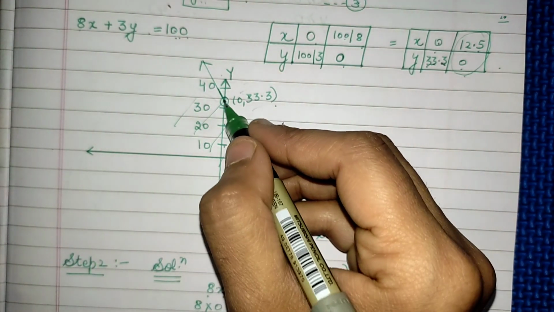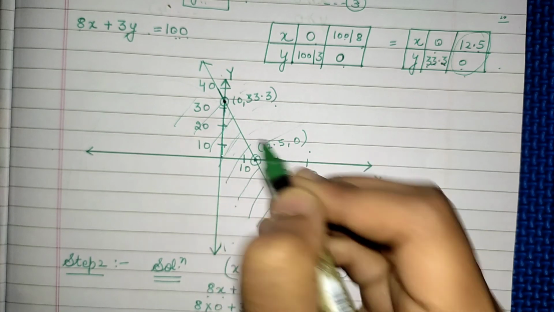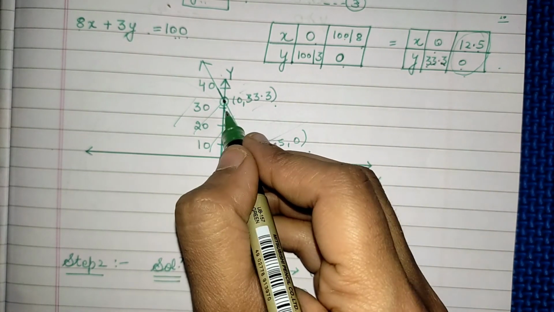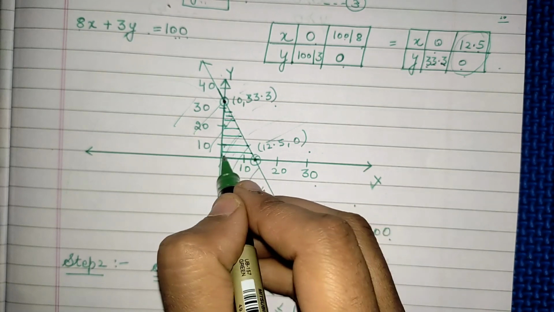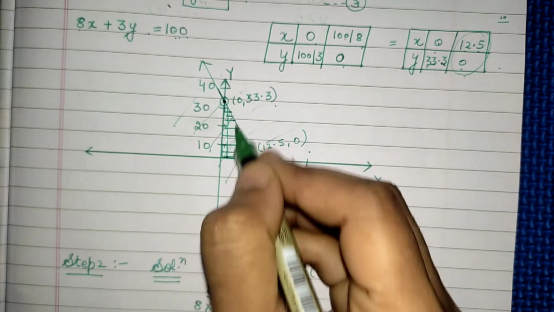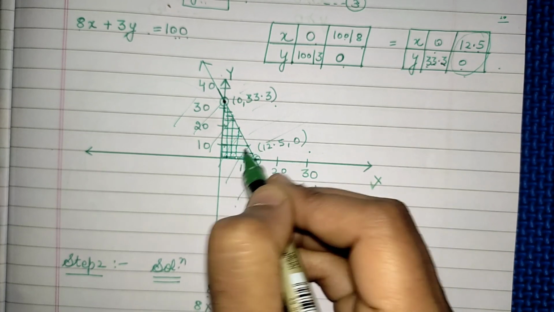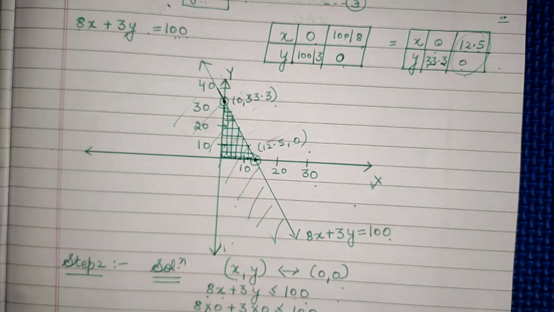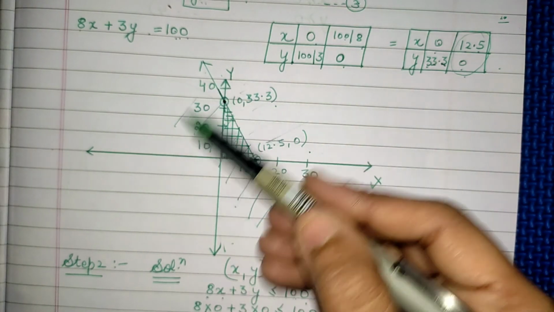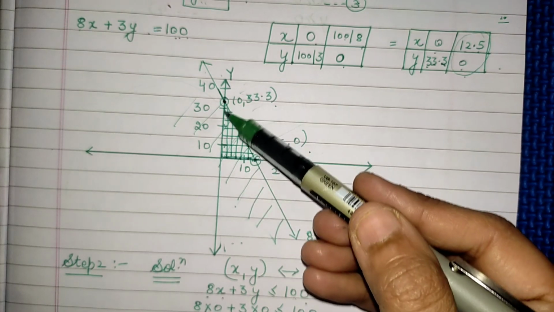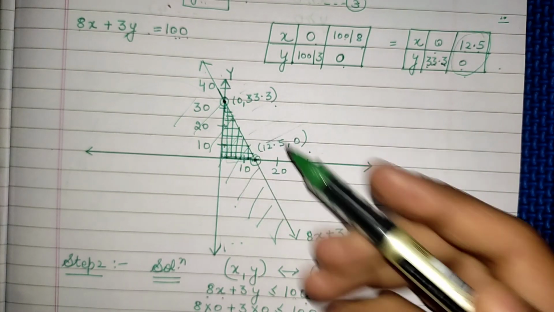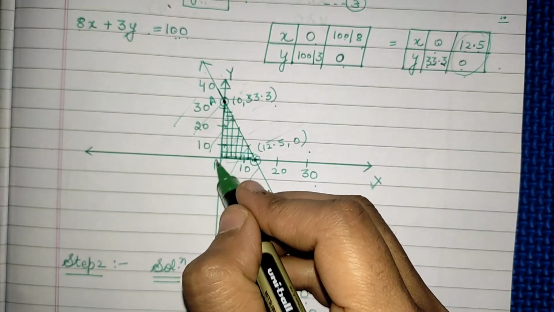No, because they have told us that x should be greater than or equal to 0 and y should also be greater than or equal to 0. So only the positive part of our answer will be the solution of this line. Okay, see, the solution is this complete part, but they have given us the condition, so our solution is restricted to this triangle only, which is A, B and C.